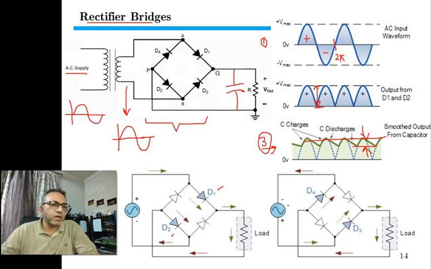Now, this means that if we are using diodes made up of silicon, the voltage drop of a silicon diode is 0.7 volt.